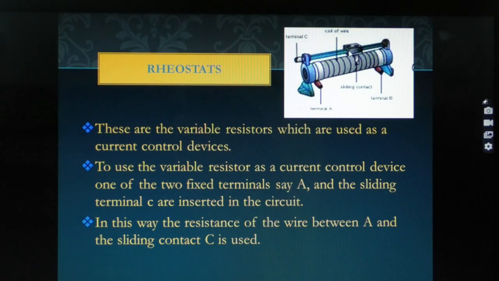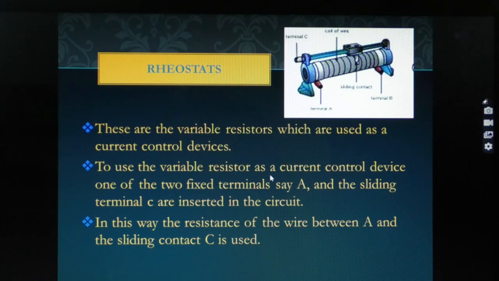So the third terminal, unlike the A and B terminals, which are the free ends of the conducting wire and are always fixed, is always movable. When it moves over the wire, this gives you the variation in the length of the conducting wire.